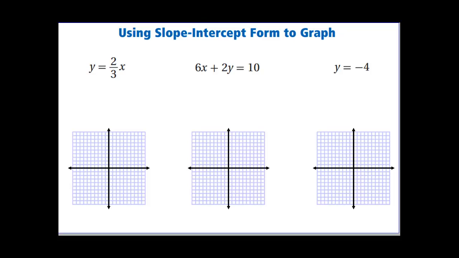And again, we know at this point our slope-intercept form is represented by y = mx + b. In this case, we have y = 2/3 x, but there's no b, so it's the same as saying plus 0. And that means it's going to go through the origin. So we can use the slope of 2/3, and we can say 1, 2, 3 over, and 2 up.